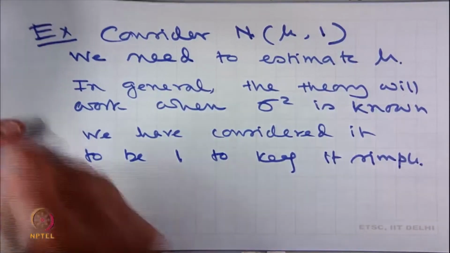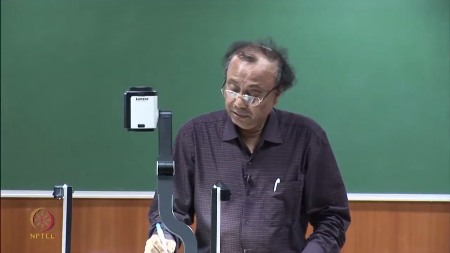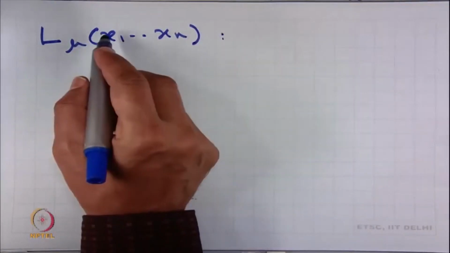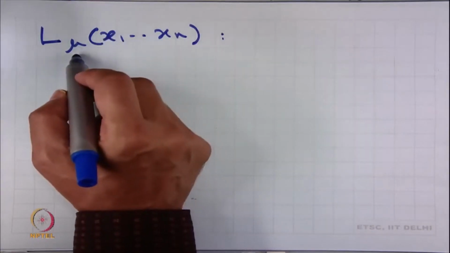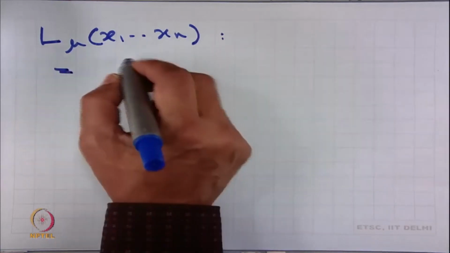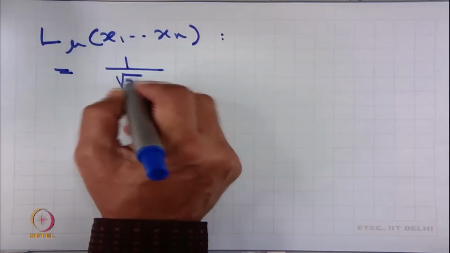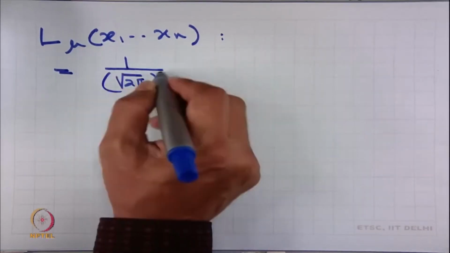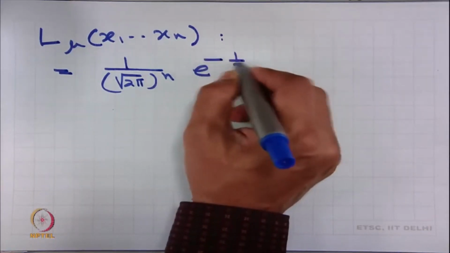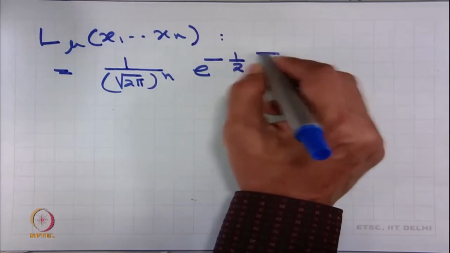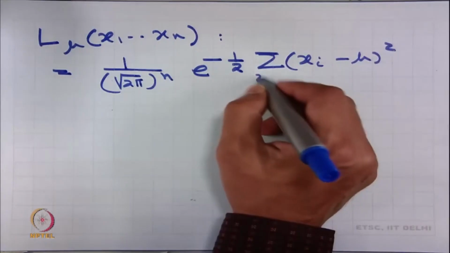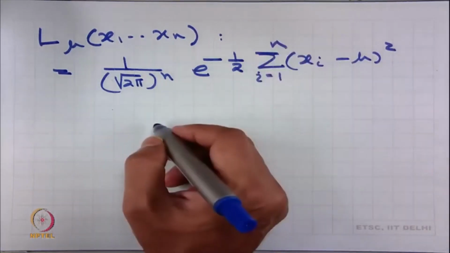So, L of mu, x1, x2, ..., xn, that is the joint density of x1, x2, ..., xn under the parameter mu, is equal to 1 over root over 2 pi whole to the power n, e to the power minus half sigma xi minus mu whole square, i equal to 1 to n.